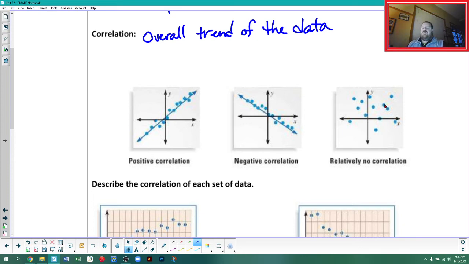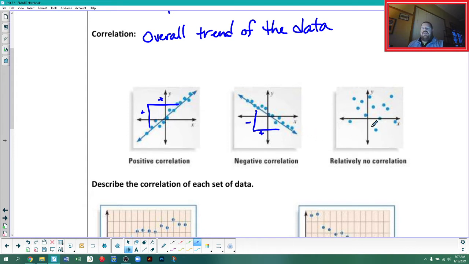The first one is a positive correlation. As one of the variables gets bigger, the other one also gets bigger, so we have something that resembles a positive slope. We have negative correlation, so maybe as x gets bigger, y gets smaller, and for that we see somewhat of a negative slope.